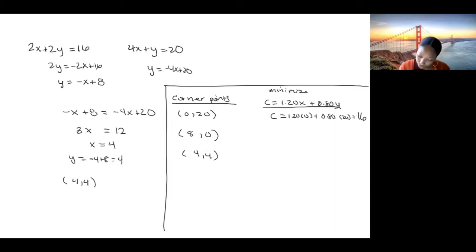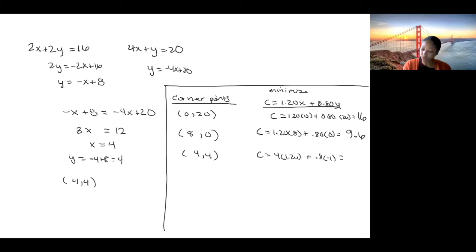For the next one, we have C equals 1.20 times 8 plus 0.80 times 0. 1.20 times 8 is 9.6. And for the last one, 4 times 1.20 plus 0.8 times 4.